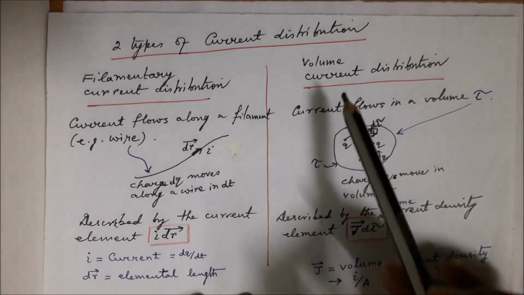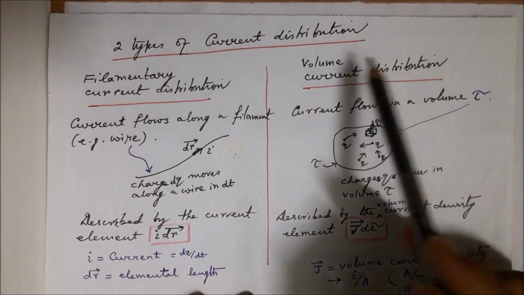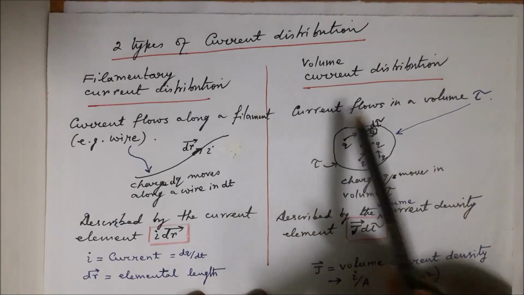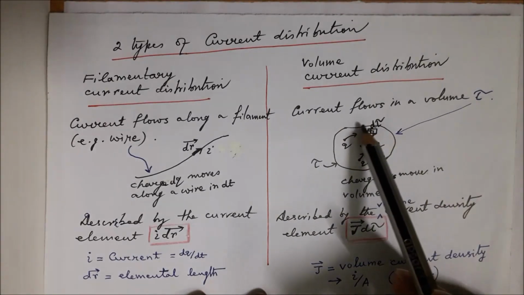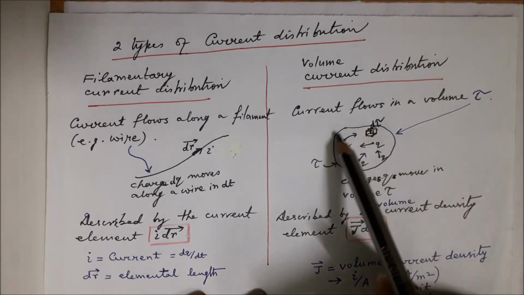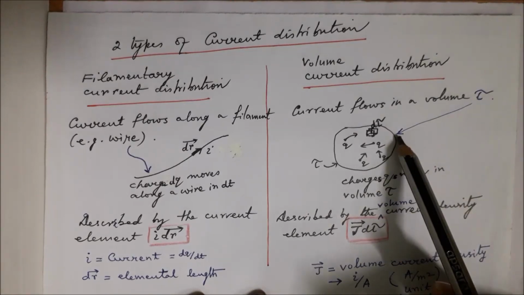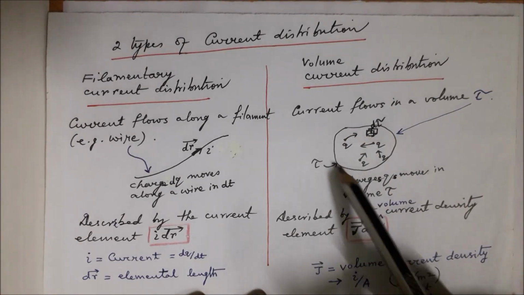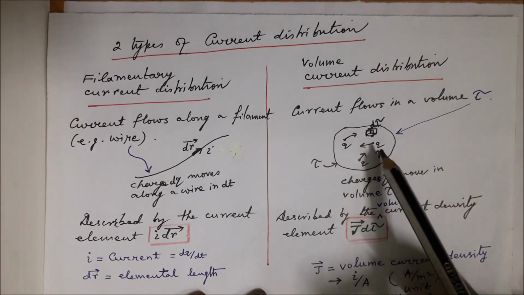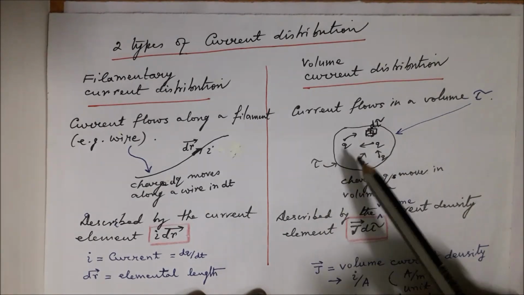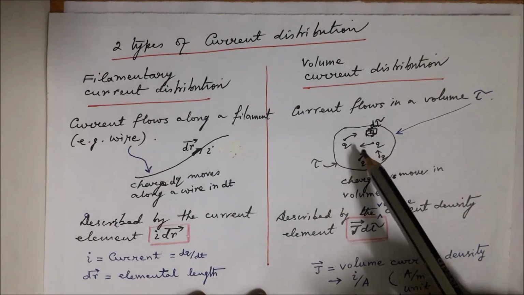While in case of volume current distribution, we say that suppose this is a volume denoted by tau, and in this volume charges are moving, and charges are moving means there is current.